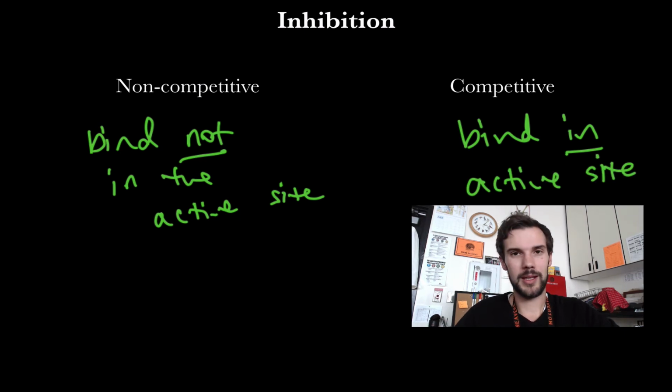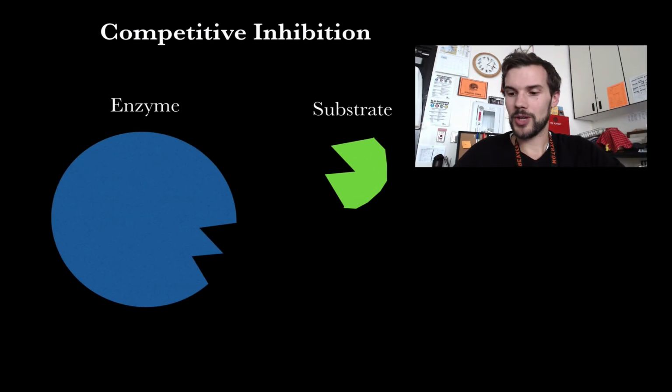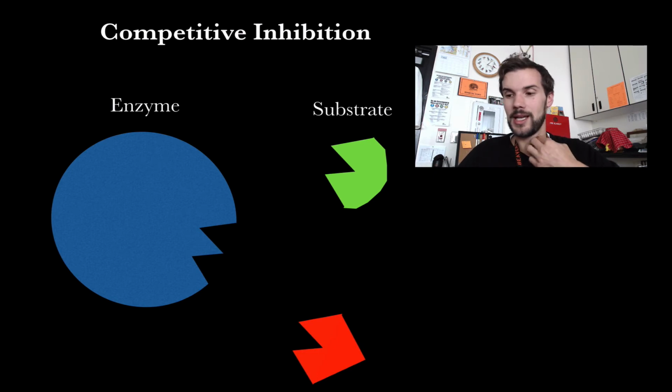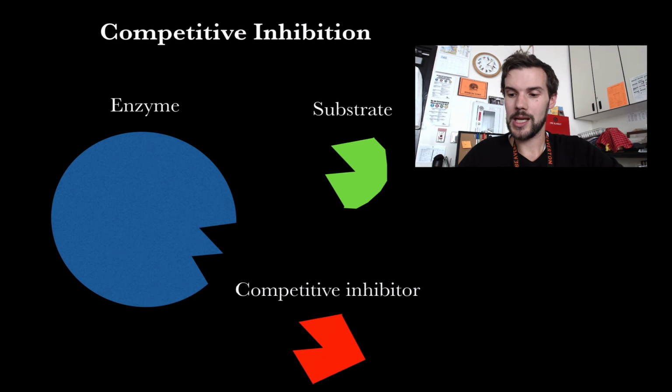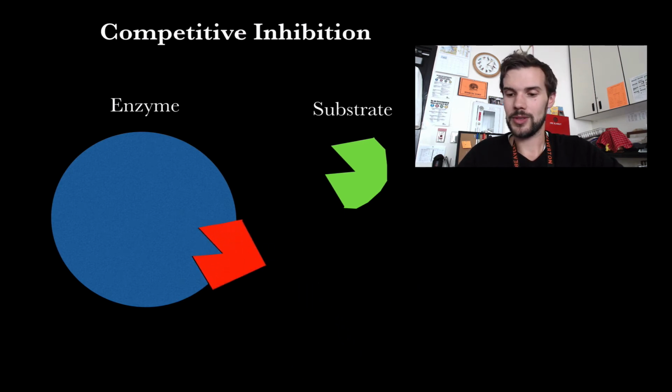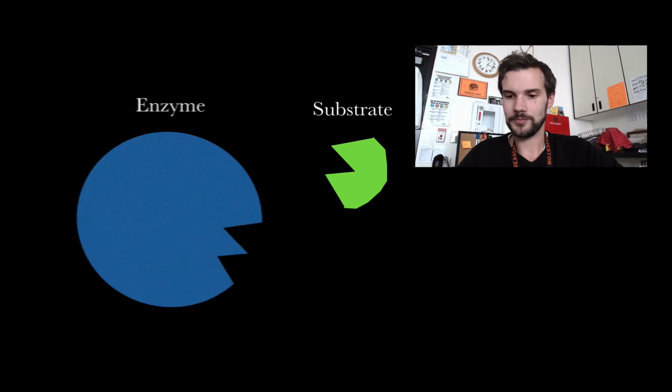So it's going to compete for the spot with the substrate. The substrate will normally want to bind into the enzyme active site. However, the molecule that's going to inhibit is the competitive inhibitor, and it's going to take up the active site. So now the substrate can't get in at all.